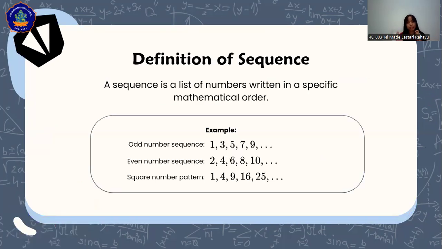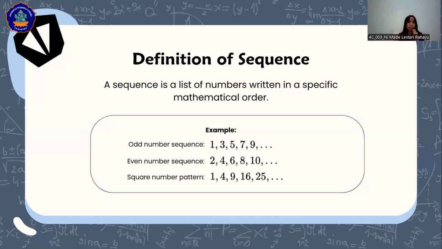Okay, first we will talk about the definition of a sequence. A sequence is a list of numbers written in a specific mathematical order. For example, the odd number sequence like 1, 3, 5, 7, and so on.